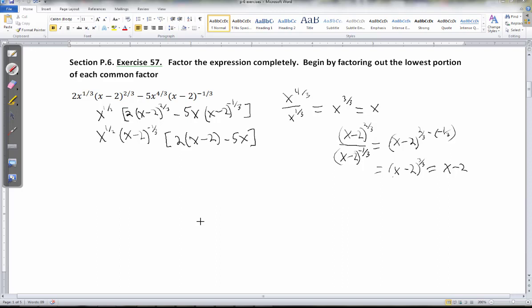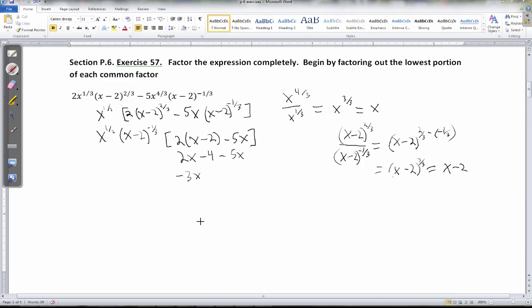Alright. Now we just have to do some cleanup at the end. This parentheses can be simplified because I've got some like terms after I remove that parentheses inside. So 2x minus 4 minus 5x. I can combine the 2x and the 5x.